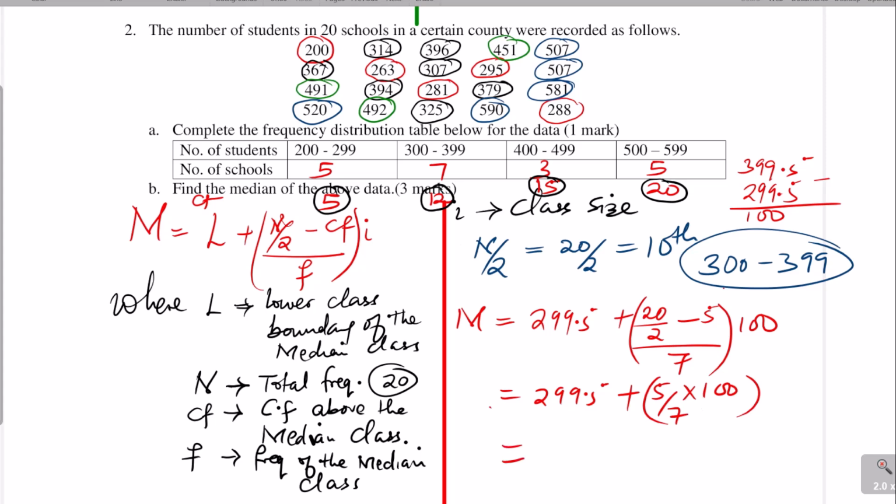Use a calculator to work this out. 5 over 7 times 100 gives 71.43. Then when you add 299.5, you get 370.93. That is the median of the above data.